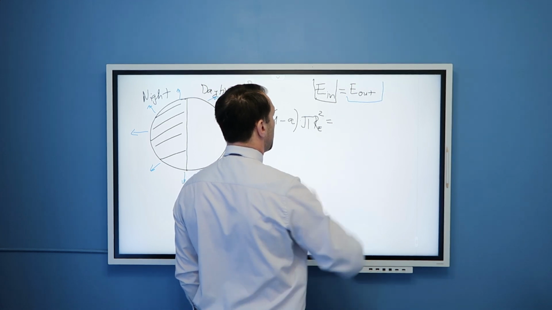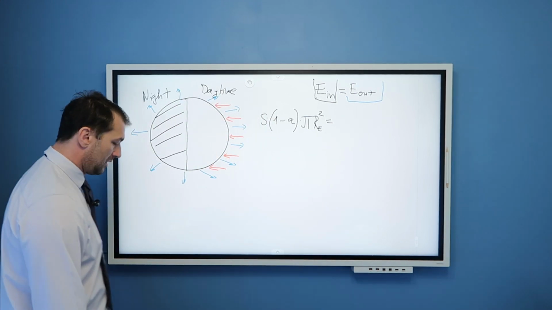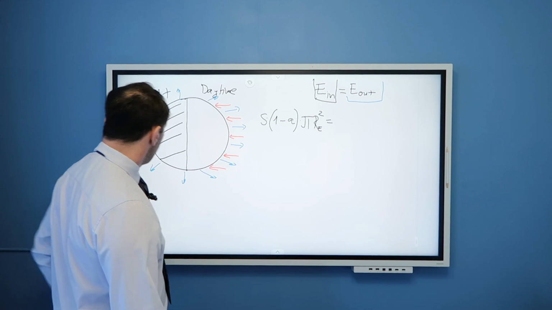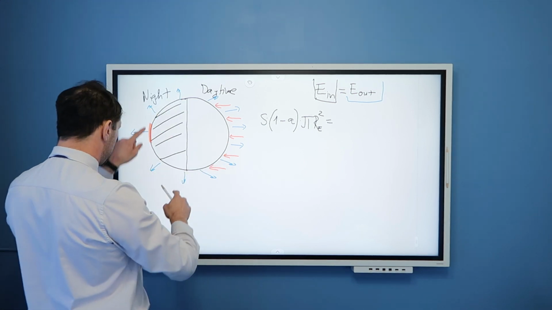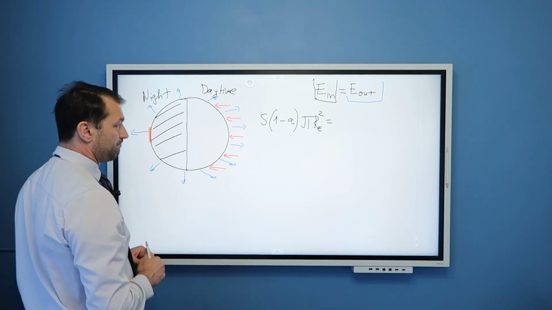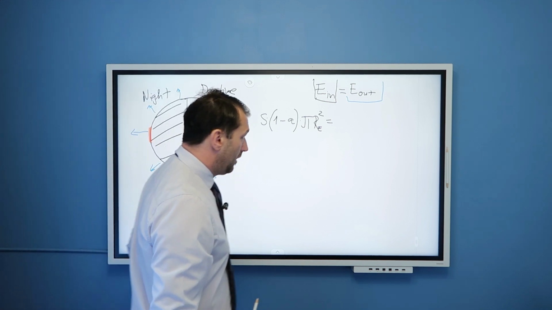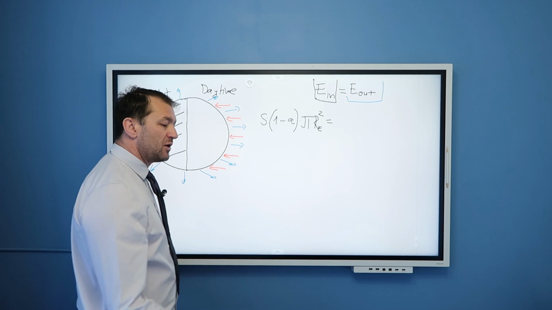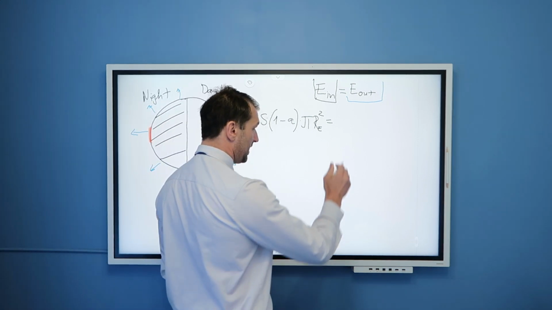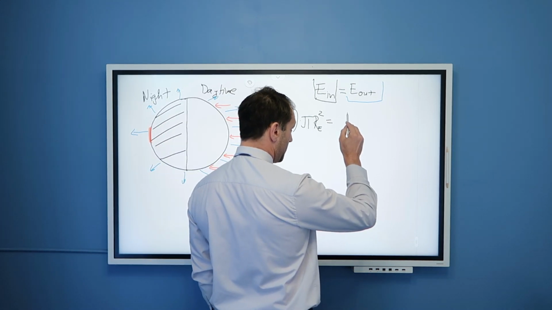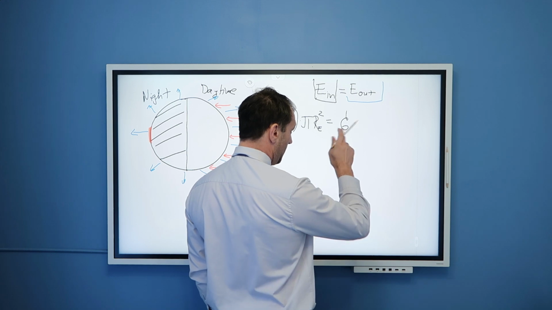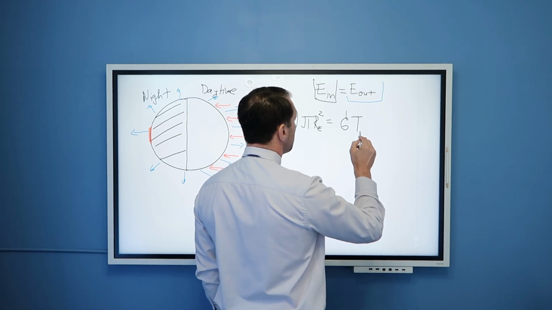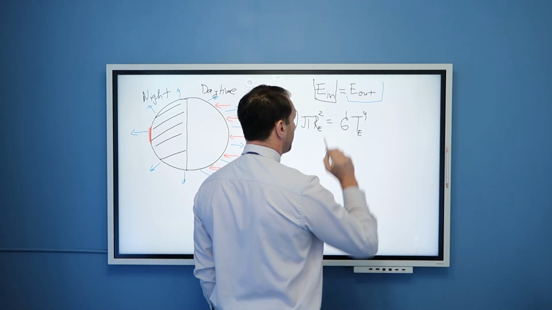How about energy out? Energy out, well, our planet is radiating energy in proportion to the temperature of the planet. And we know from my previous videos, then we use Stefan-Boltzmann's law, sigma T of the Earth to power 4.